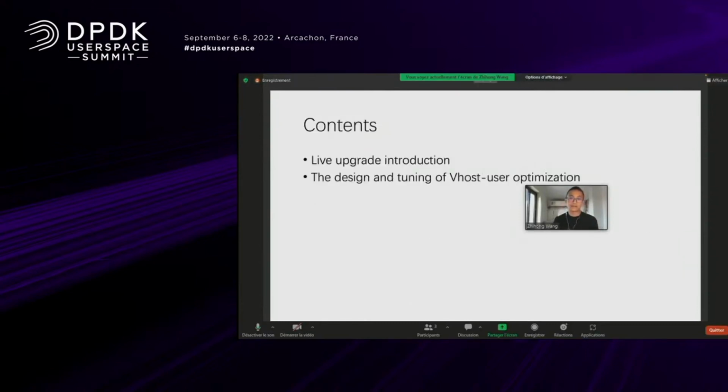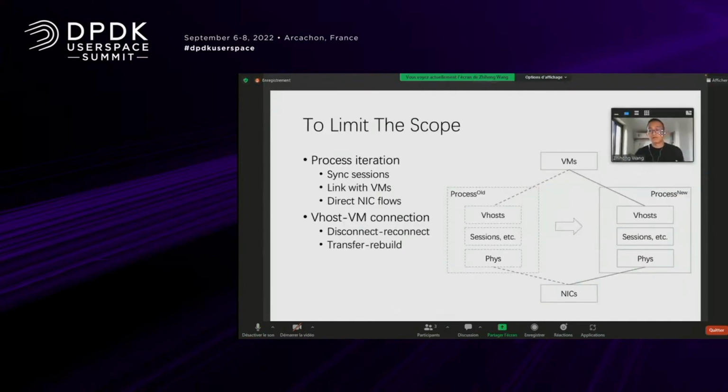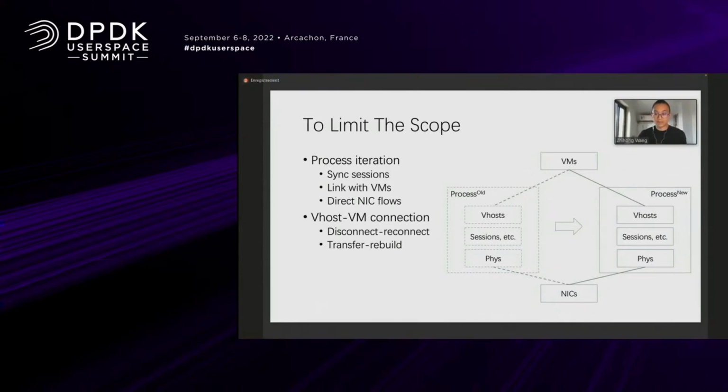Okay, physical port, right? For physical ports, it's case by case, depending on the NICs and what the vendor supports. For example, you can use different VFs to make sure the two processes can start at the same time, and when you use two VFs, you need to switch the traffic between the VFs.